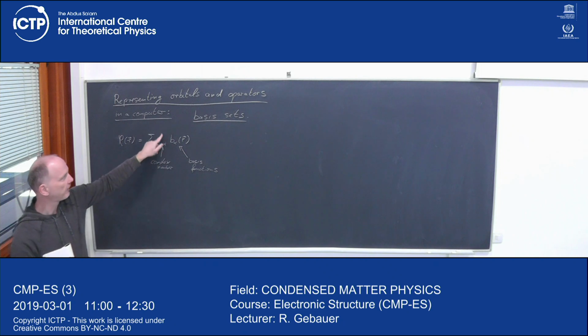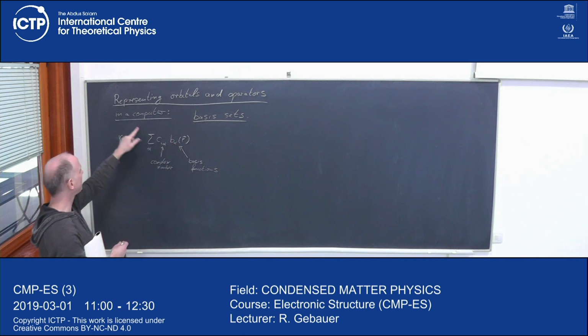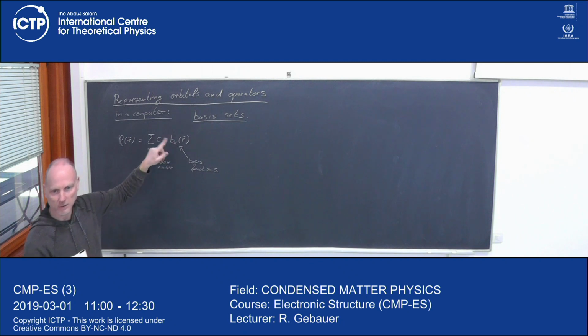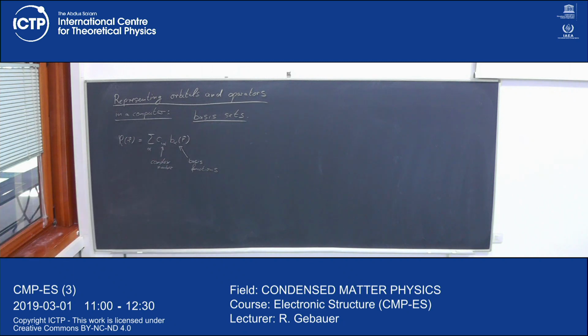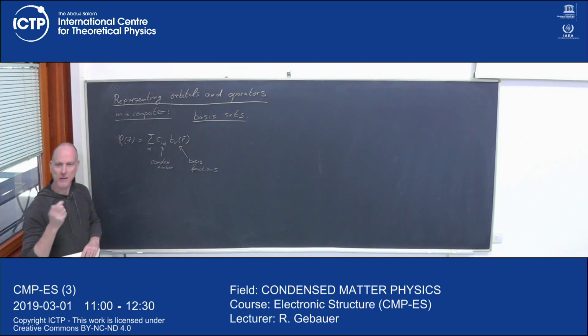If you have many, many of those, all linearly independent, if they are very general, then you will be able to describe any shape of this function by combining them. But I will give you examples of what one chooses as basis functions. This is the way you represent wave functions in a computer.